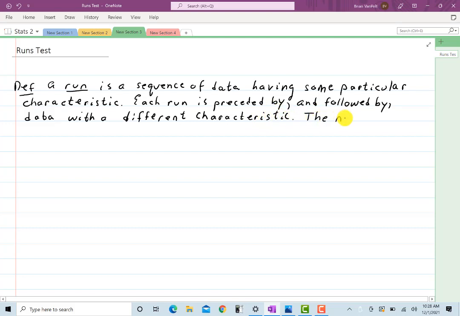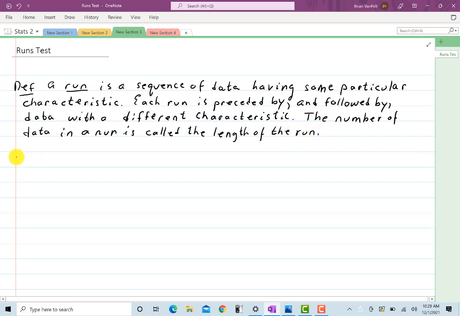The number of data in a run is called the length of the run.